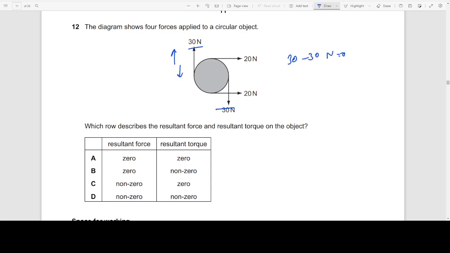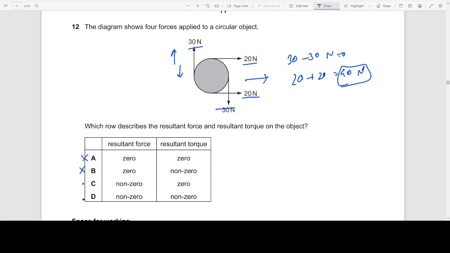But the forces in the horizontal direction, 20 and 20 Newton, both are pointing towards the right. So 20 plus 20 means 40 Newton. So 40 Newton is the resultant force, which is non-zero. So the answer cannot be A or B. It's something from C and D.